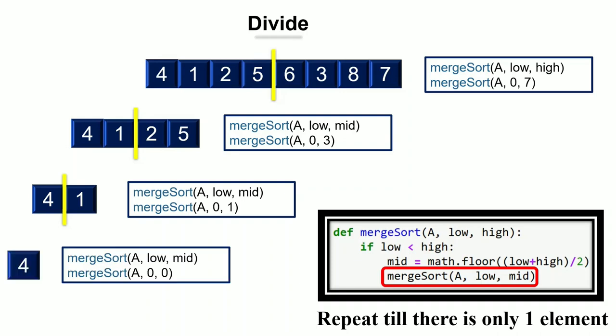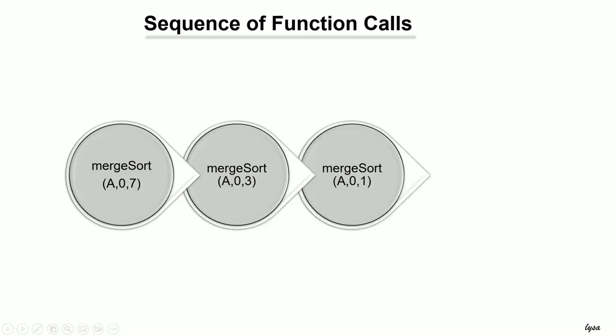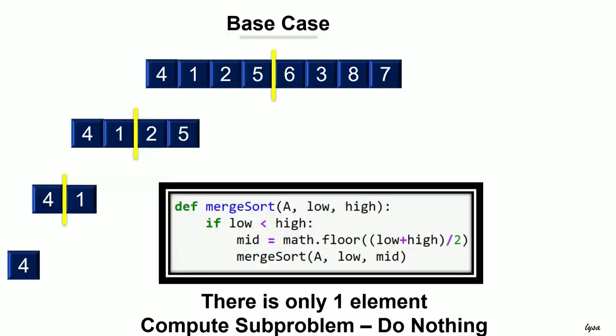And then finally, we have merge sort on 0, 0. This is when we stop the recursion. Merge sort A of 0, 7 calls merge sort on 0, 3, which calls merge sort on 0, 1, which calls merge sort with the values 0 and 0.